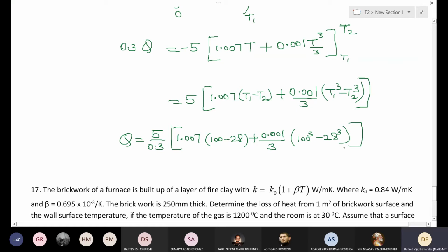So what is the value? It comes to 6,642, sorry, not kilowatts, watts.